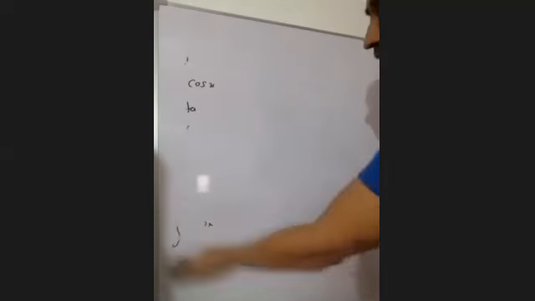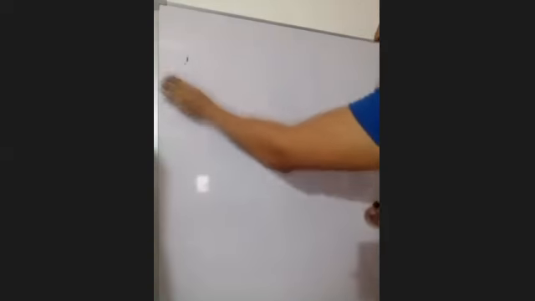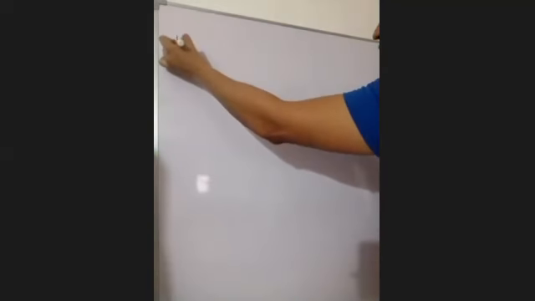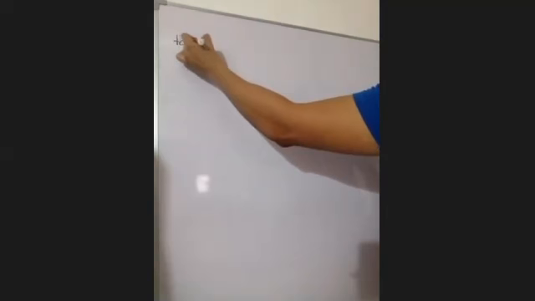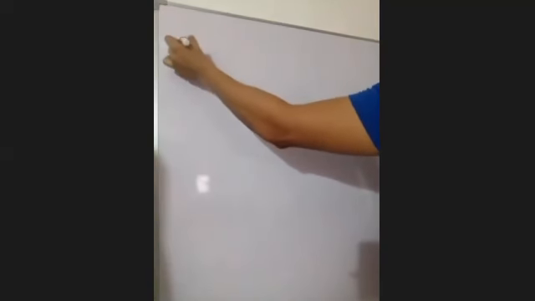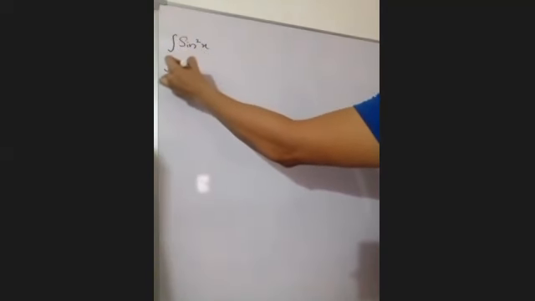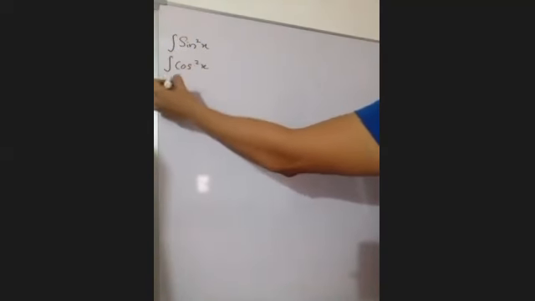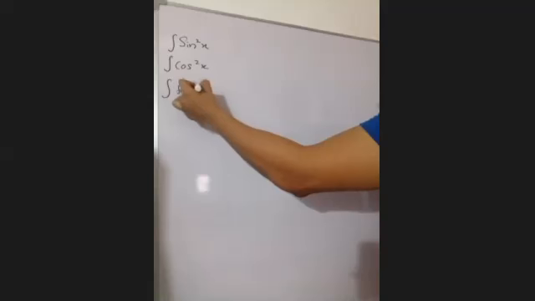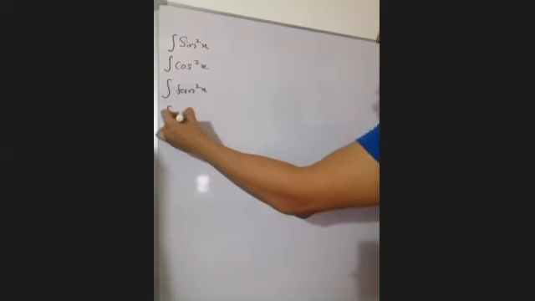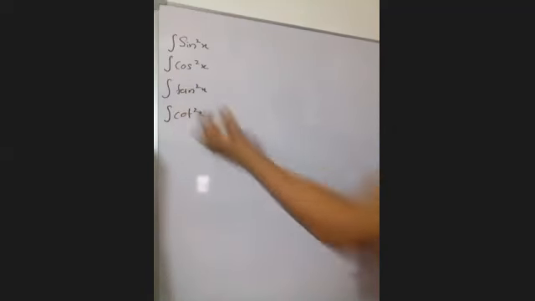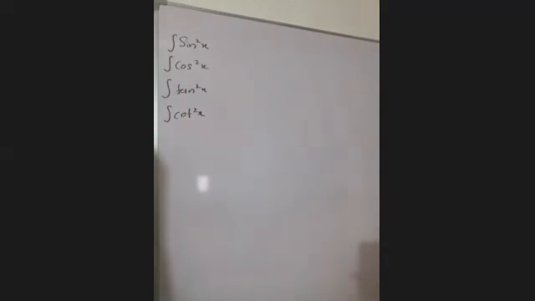These are the standard formats we should know while doing these integrations. We should know how to integrate sin squared x, cos squared x, tan squared x, cot squared x, sec squared x and cosec squared x.